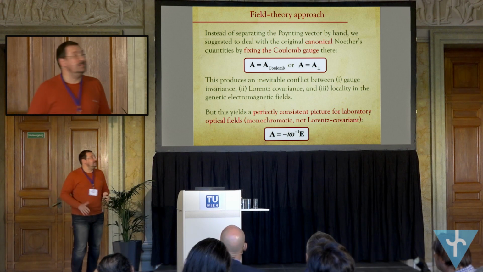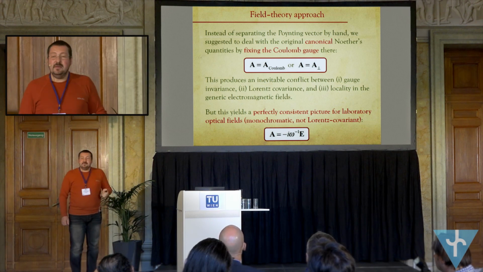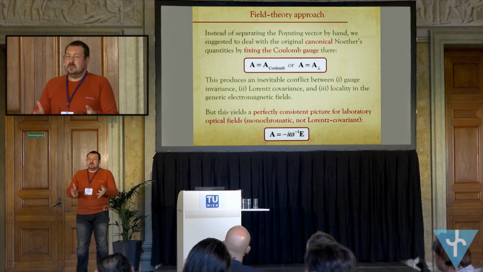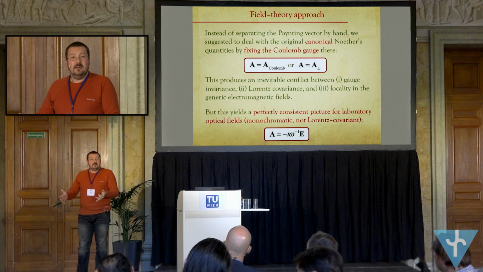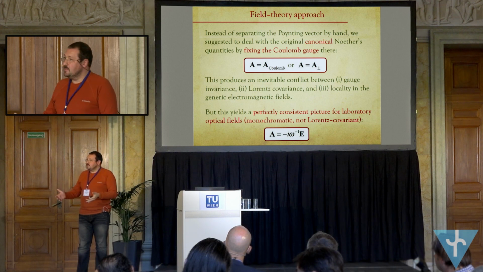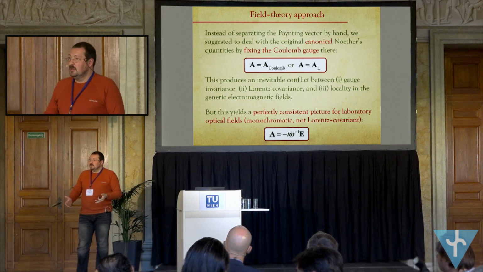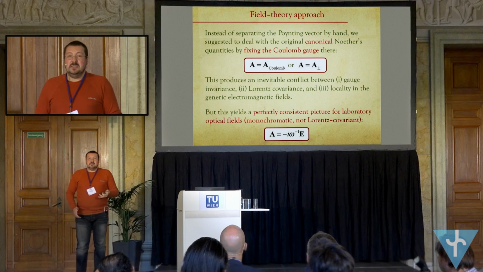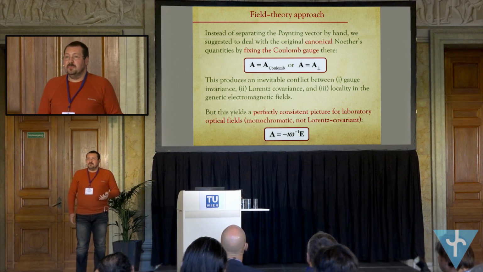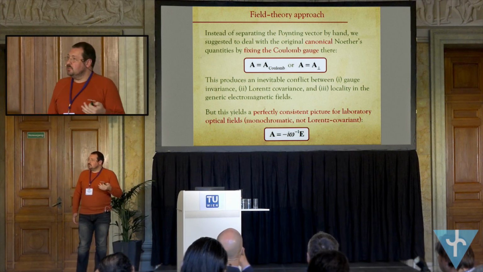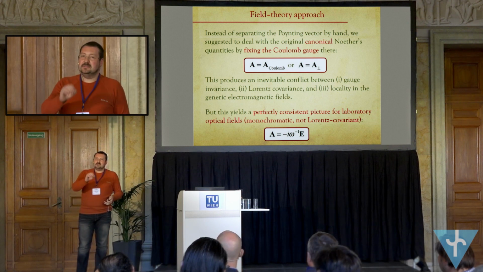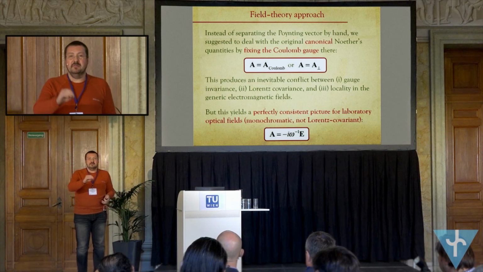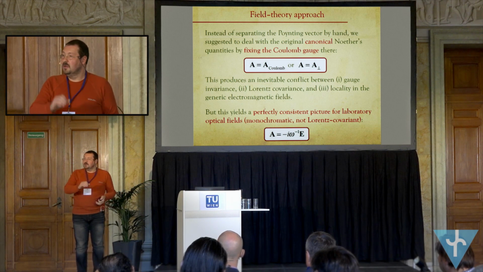So this is the essence of Maxwell theory. But if we consider these quantities in a more practical aspect, for instance, we are in an optical laboratory, we deal with experiments with lasers, we can conclude that we don't need Lorentz covariance. Any optical measurement is not Lorentz covariant because when you have a probe, it singles out a particular reference frame where the probe is at rest.